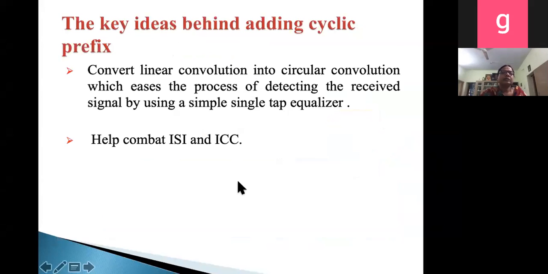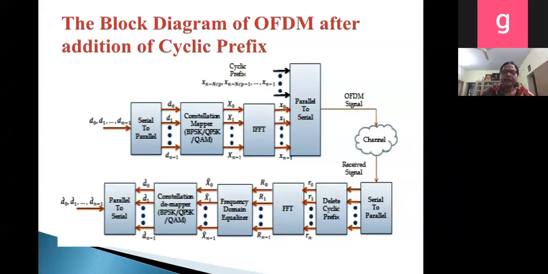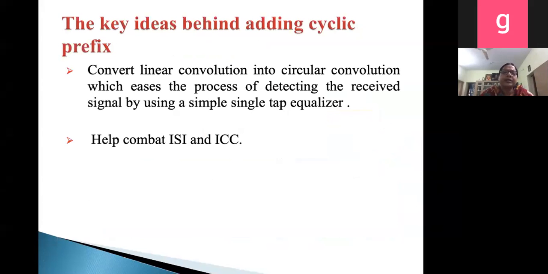So the key idea behind adding the cyclic prefix is that we are converting a linear convolution into a cyclic convolution. We know what linear convolution and cyclic convolution are. When you convolve two rectangular signals, the result is a triangular waveform.